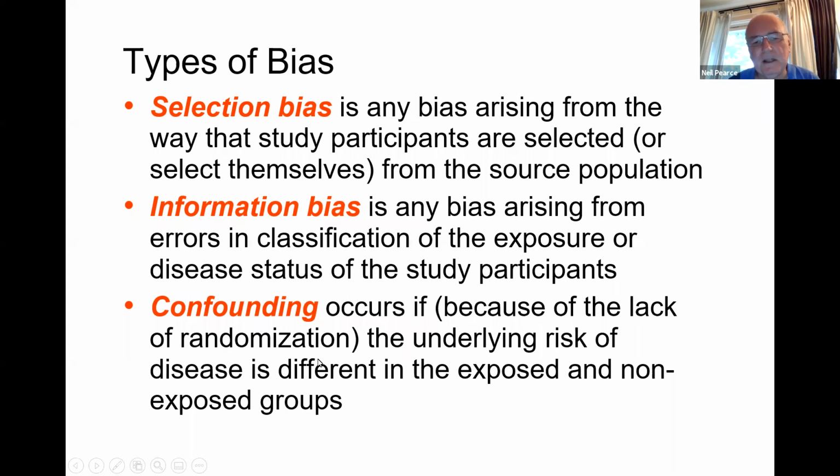But once we've defined that population in that time period, we select people and we get information on them. And all of the different biases we can think of come into one of these three categories. And I'm going to focus on the first two categories in this talk.